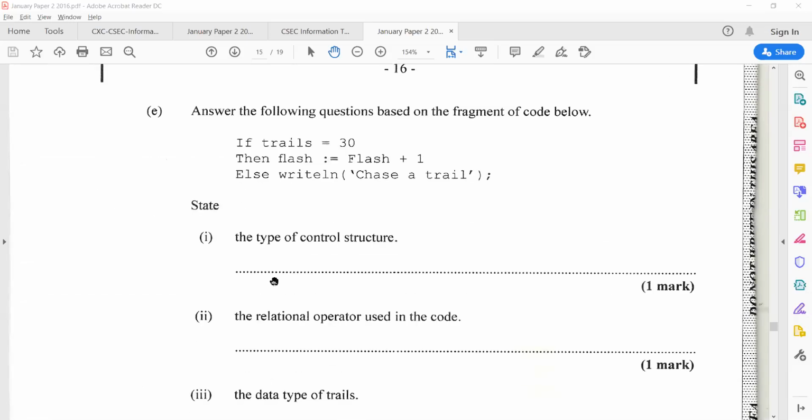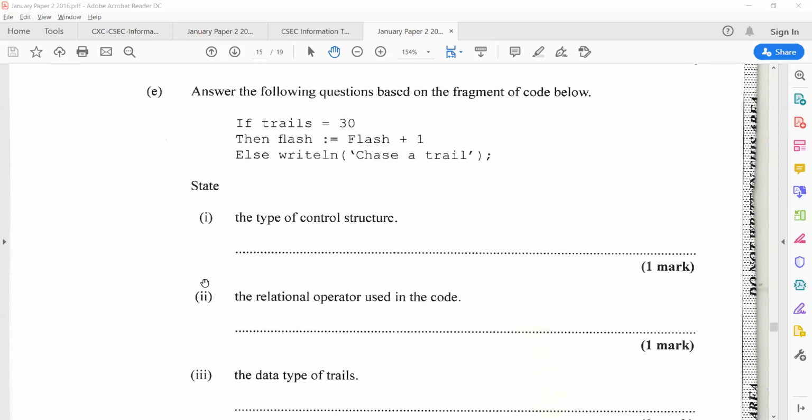All right, so part E of this now. Answer the following questions based on the fragment of code below. So it has some code here. If trails is equal to 30, then flash is flash plus 1, else write line chase a trail.